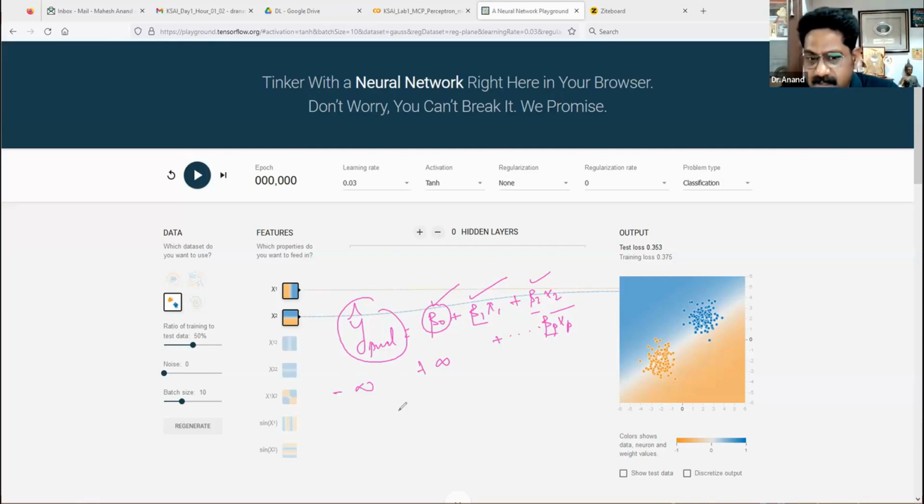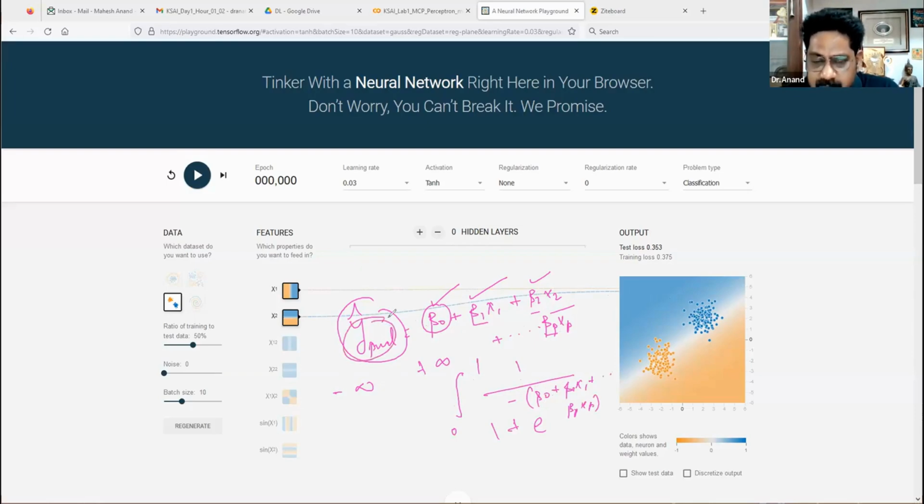But when I extend this idea to a classification problem, I need to squeeze the output into a probability score from 0 to 1. So we map this equation to the logistic function: 1 divided by 1 plus e to the power of minus of beta naught plus beta 1 x1, and so on, up to beta p xp.